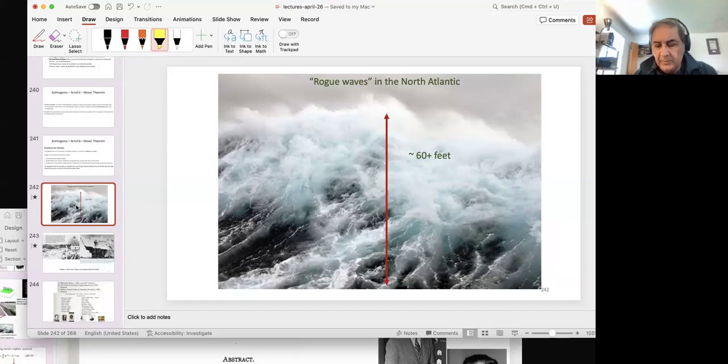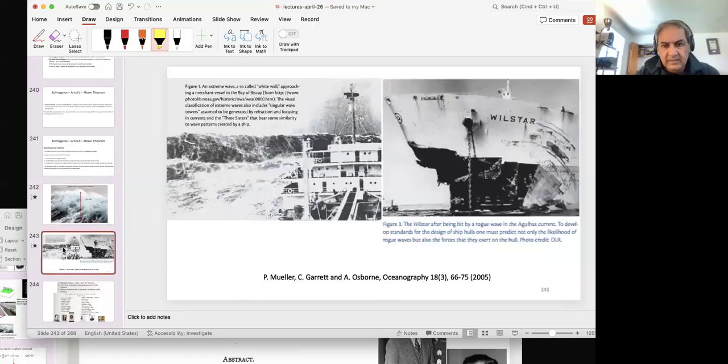The ships were taken to be pretty robust, so why they were sinking was mysterious. But it turned out that one of the big problems was that we did not understand much about waves, and the waves that sunk the ships typically were these rogue waves. And here is a ship that actually got damaged by a rogue wave.